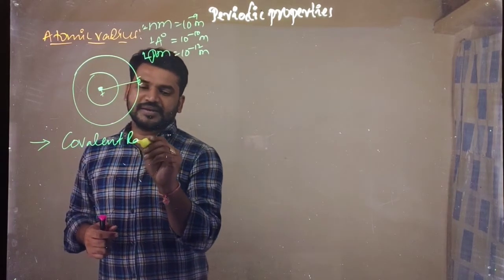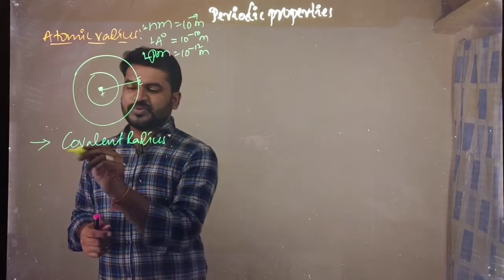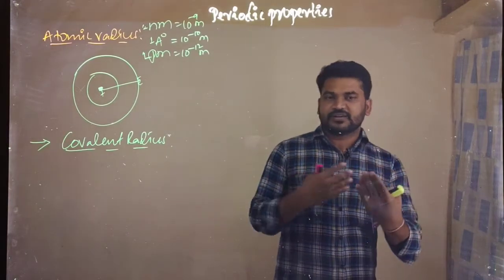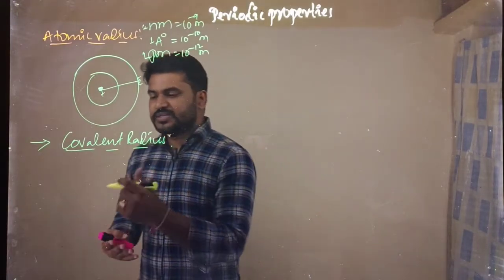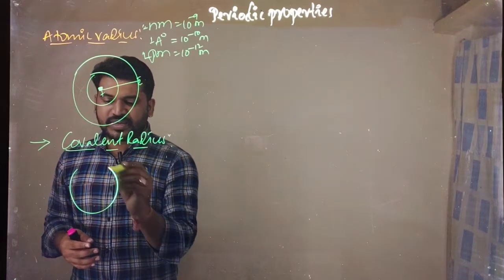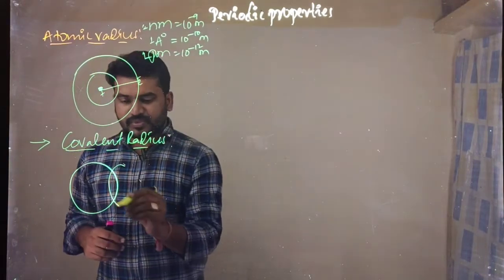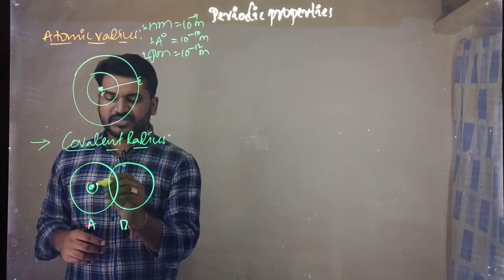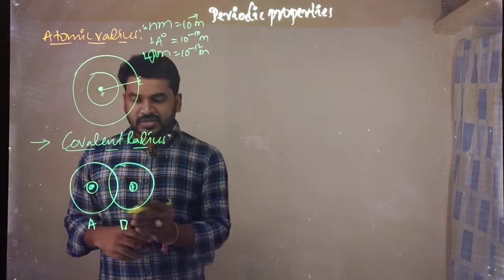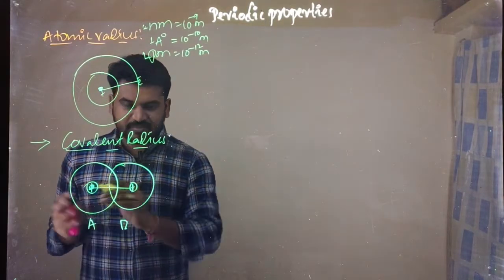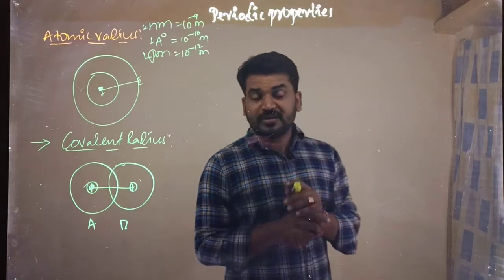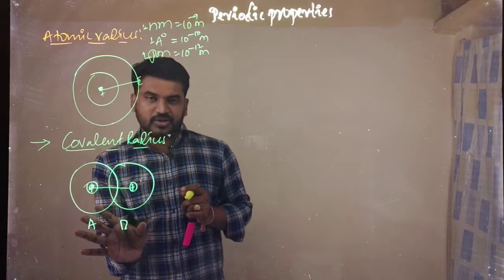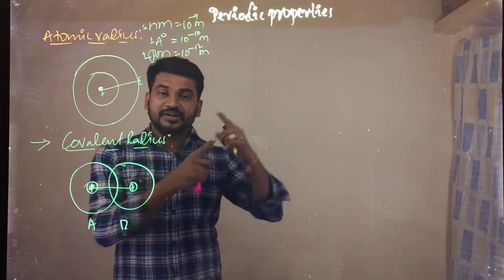So what is meant by a covalent compound first of all? A covalent compound is formed by the sharing of electrons between two atoms. Suppose a molecule AB is there. This is the nucleus of one atom and this is the nucleus of another atom. The total distance you measure here is for the total molecule, that is two atoms, but we need it for only one atom.